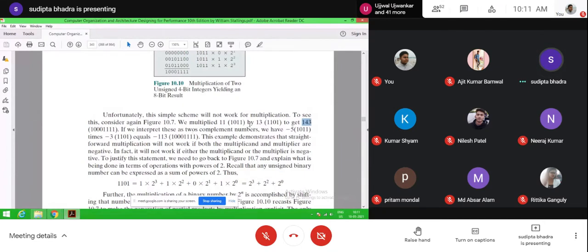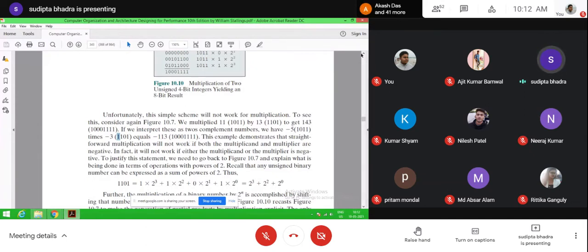But if we take 10011 as a 2's complement number, then it is minus 5, and 1101 is minus 3, as the MSB 1 represents minus 8 and the rest represents 5, that is minus 3. So it gives us a result that is not correct.